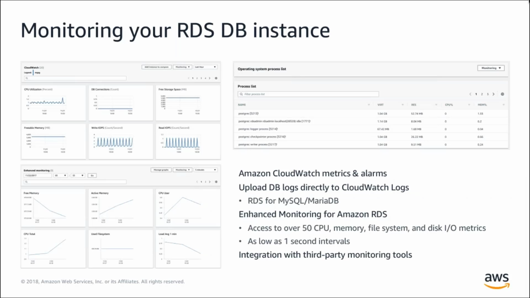It does have support for notification, which means you can create alarms or notifications from CloudWatch based on certain parameters. For example, a common one is if your free disk space is going down below 20%, you may want to throw a notification for somebody to look into it.